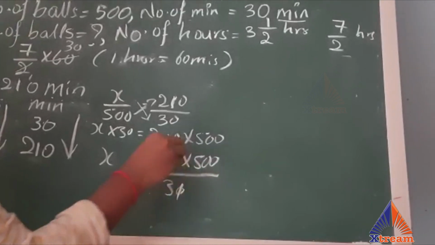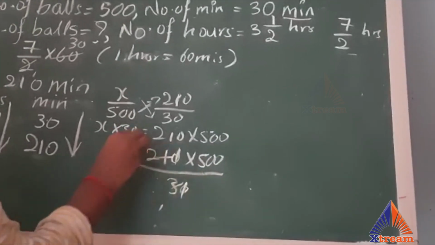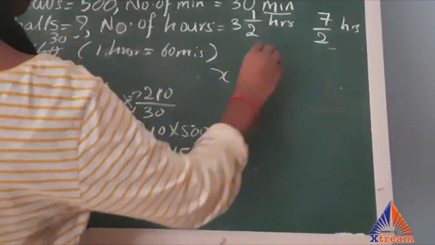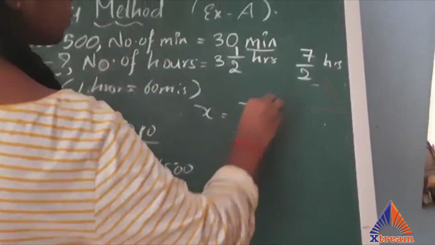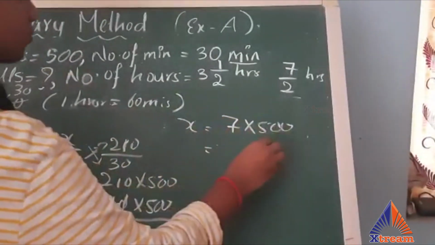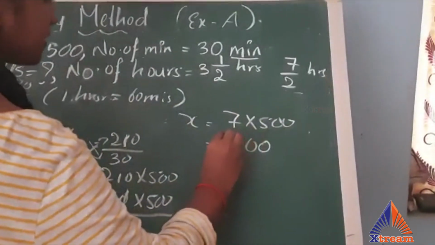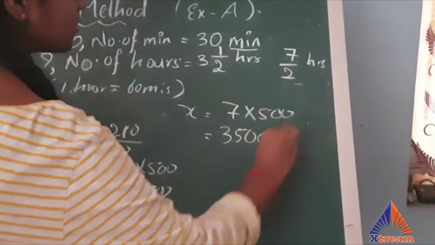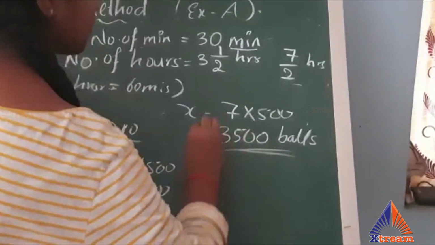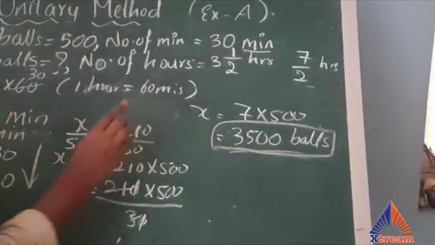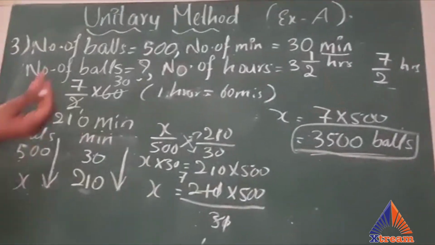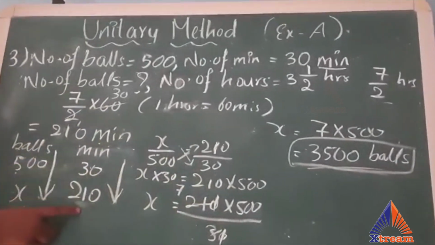Now cancel the zeros. 3 ones are 3 and 3 sevens are 21. So x is equal to 7 into 500. So that will be 7 zeros are 0 and 0, 7 5s are 35. So the answer is 3500 balls. So you can prepare 3500 balls in 210 minutes.